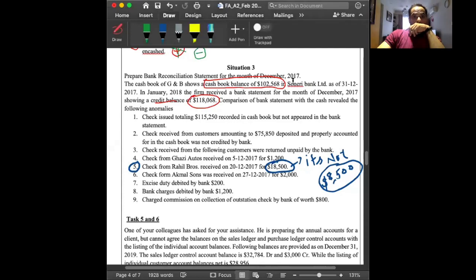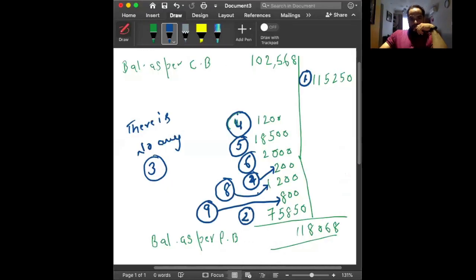So I repeat again, there was some misprinting. Transaction number 5, the amount is 18,500, not 8,500, right? So I'm going to show you here.